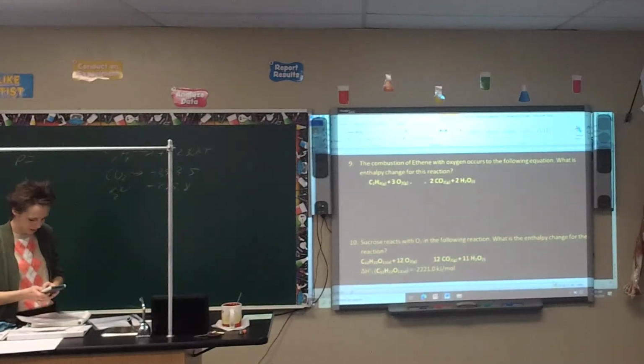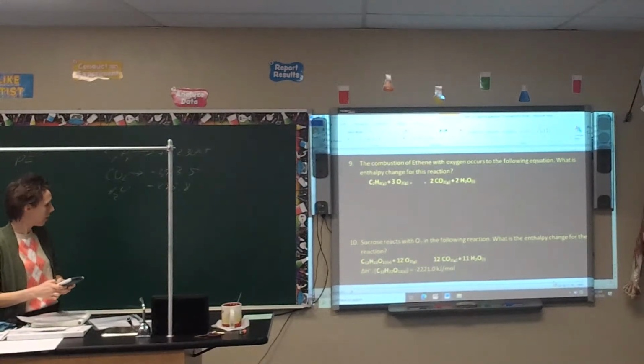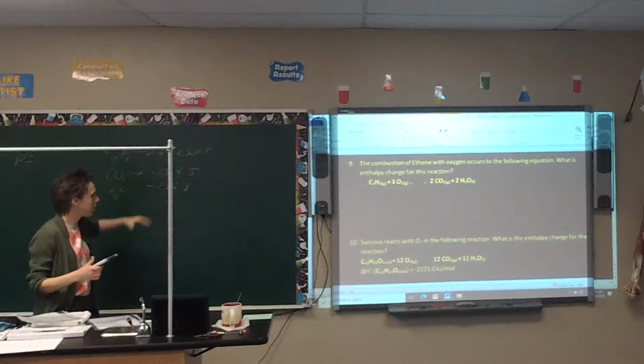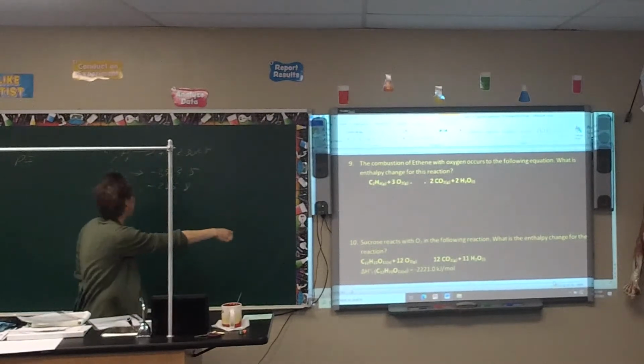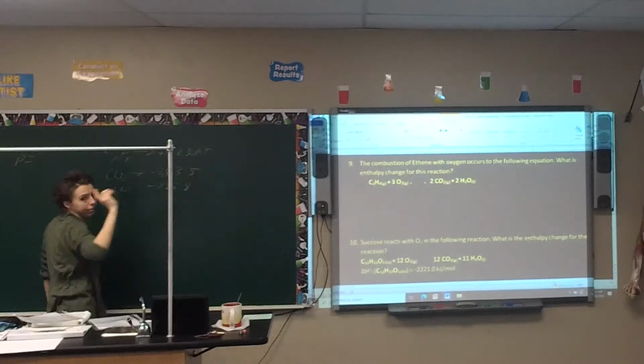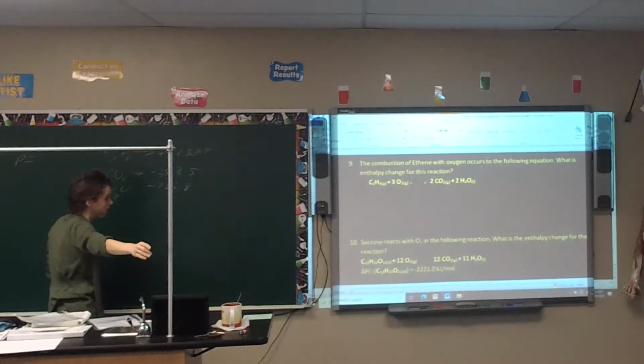Did you say we were doing the product side? Yes. Then isn't it just that? That's the reactant side that you're thinking of. Look at this equation. C2H4 is on the reactant side.